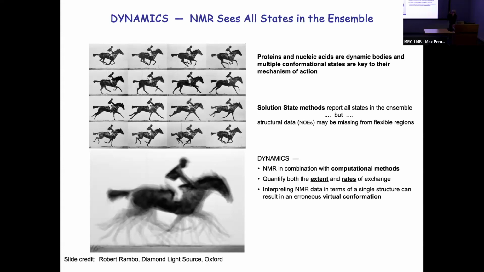But what you get is a static snapshot. We know that what's happening in practice is we have a high degree of movement inside the protein. What NMR sees is an ensemble of everything that's in the solution. So we have to use it in combination with computational techniques to delineate what are the individual likely contributing conformers.